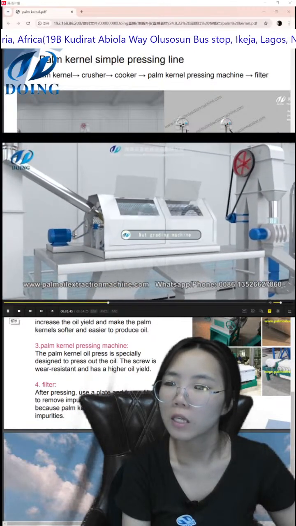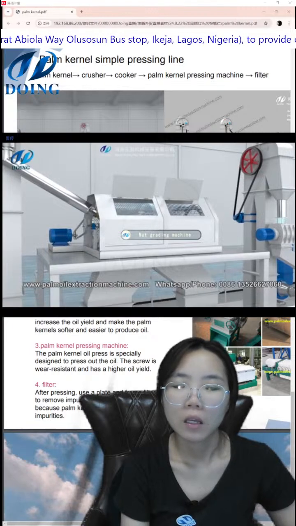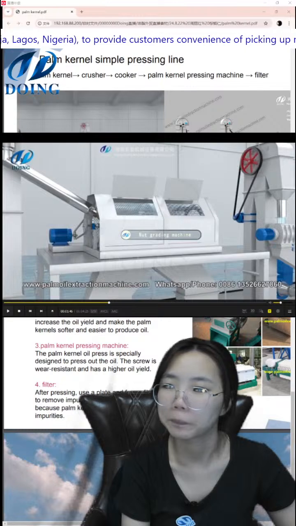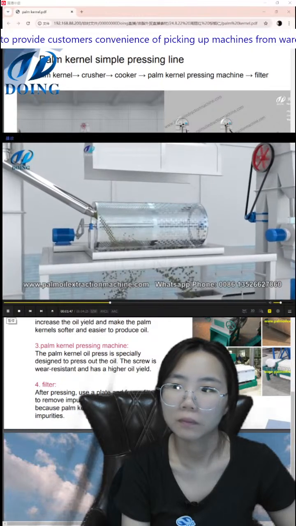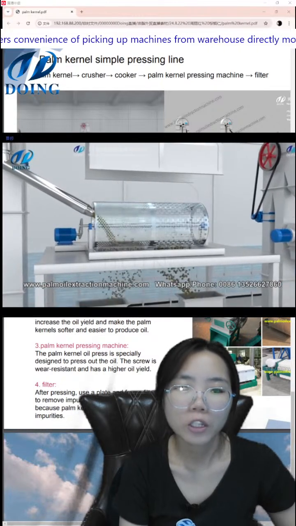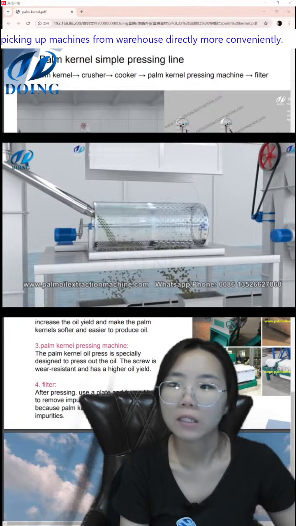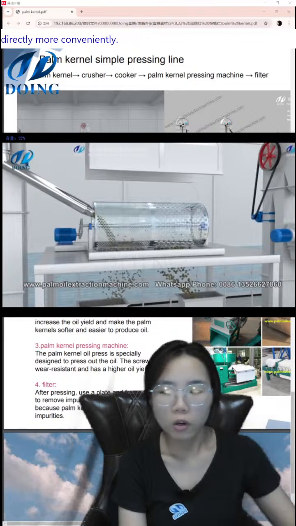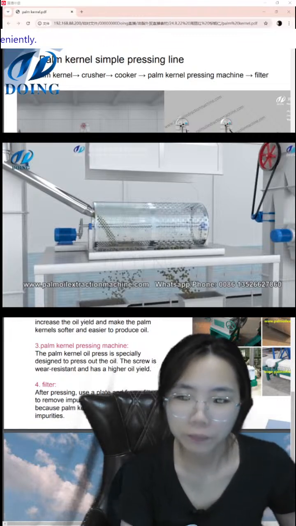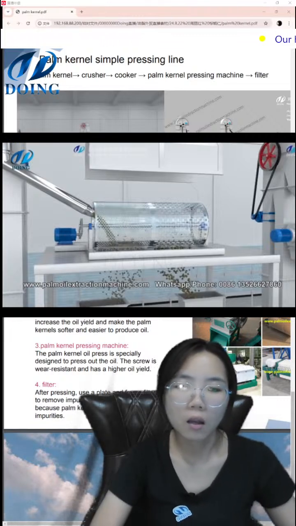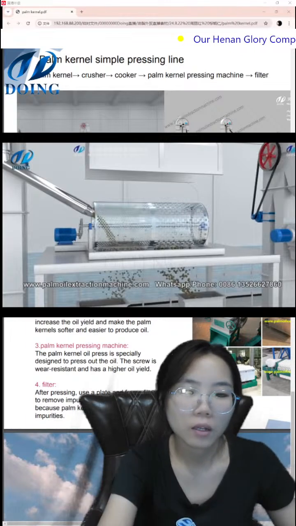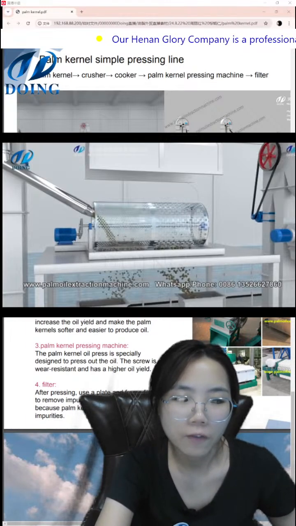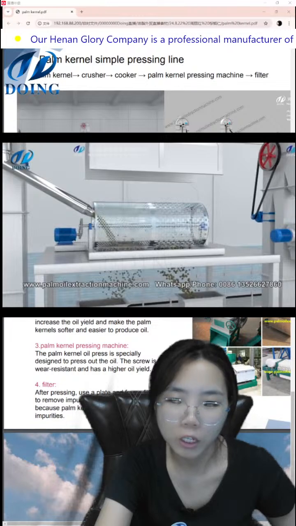Okay, this machine is the nuts classification machine, and its processing capacity is 4 to 6 tons per hour. The palm nuts are classified by size first and then enter the cracking machine.